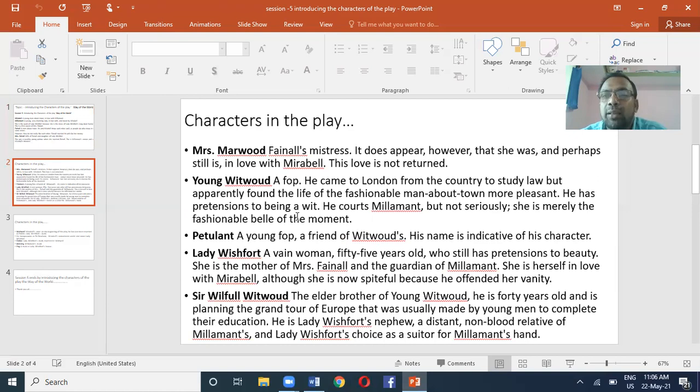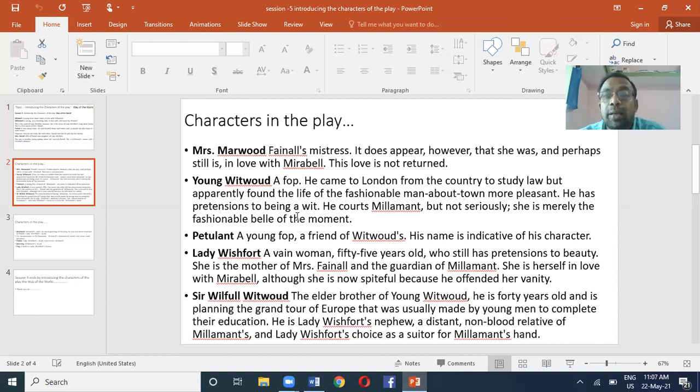When he was studying law in London, having come from the village, he had pretensions to being a wit, and he was in the company. He used to boast of his wit and wisdom. He pretended that he was the most witty and intellectual man of the day.